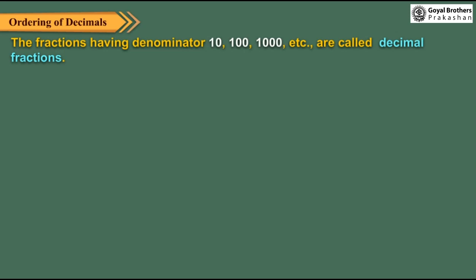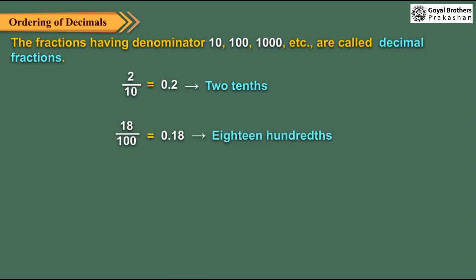For example, 2 upon 10 is a decimal fraction, which is written as 0.2. Similarly, 18 upon 100 is equal to 0.18 and 45 upon 1000 is equal to 0.05.